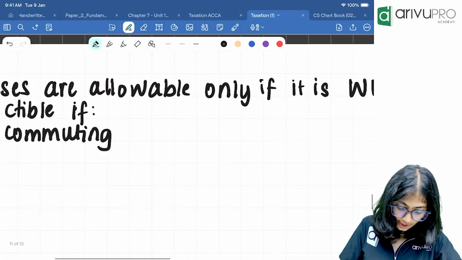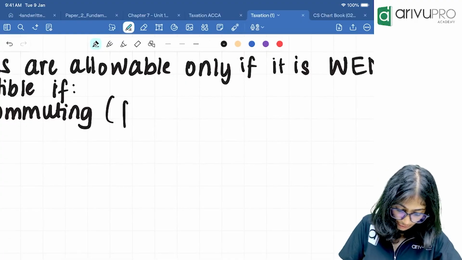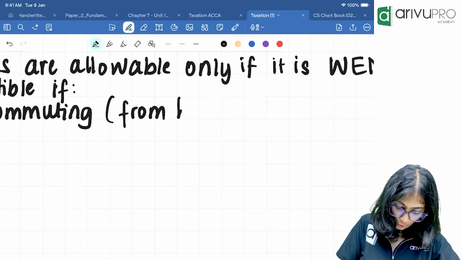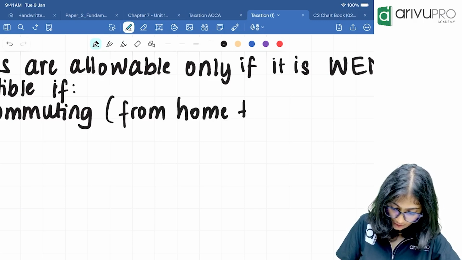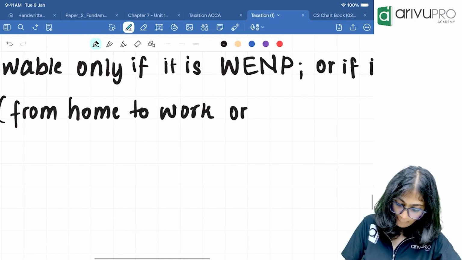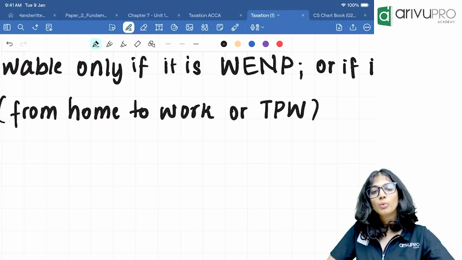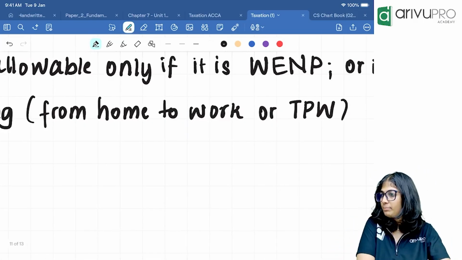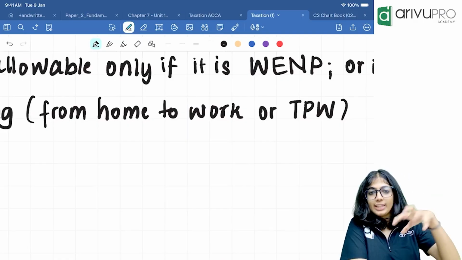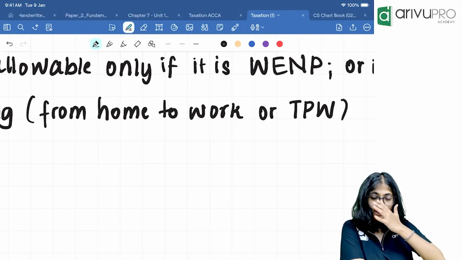Ordinary commuting from home to work or a temporary place of work. For example, a co-working space for a small time period. Instead of working in your normal office, if you're going to a different office, that is a temporary place of work also.